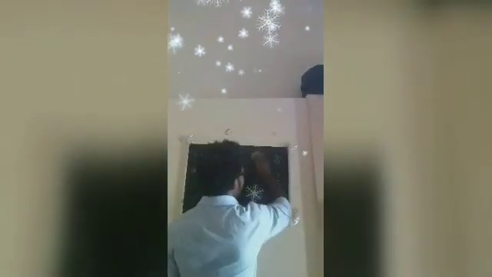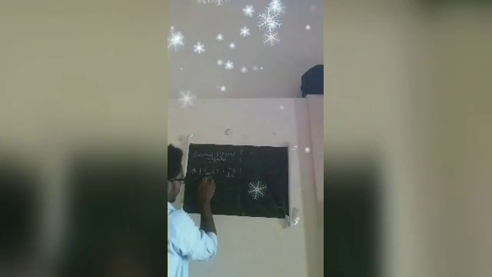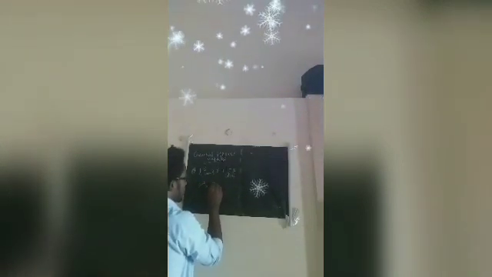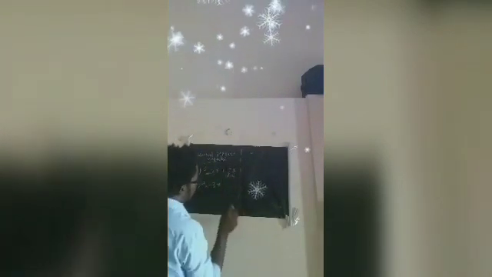After this, let us rearrange the equation. x cubed is equal to minus 3x minus 1. When we transfer this to the other side, x cubed is equal to 3x minus 1.